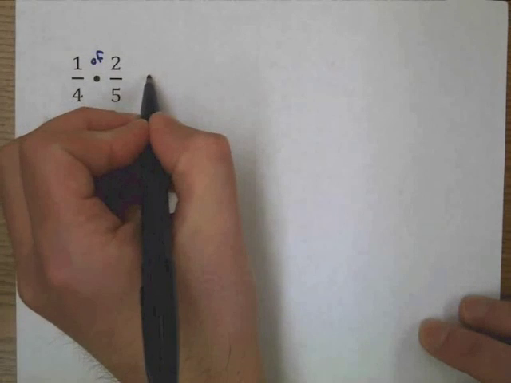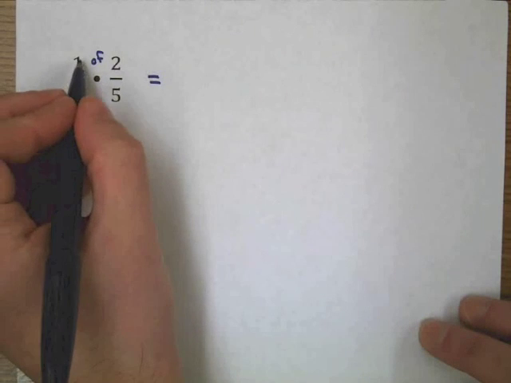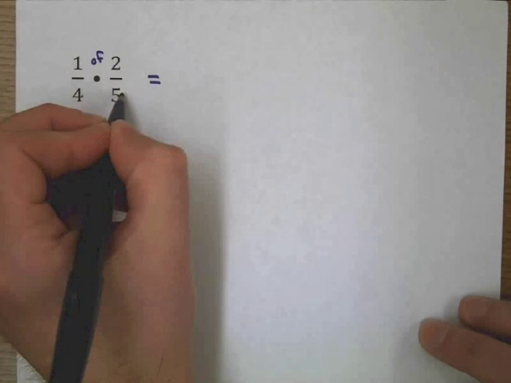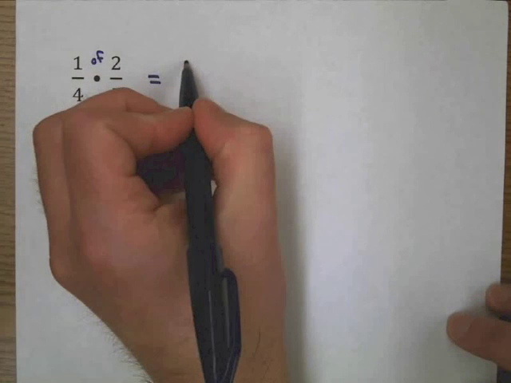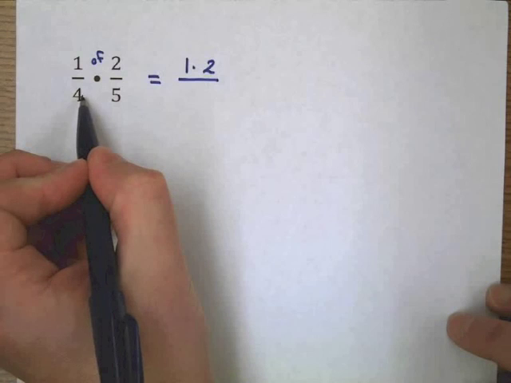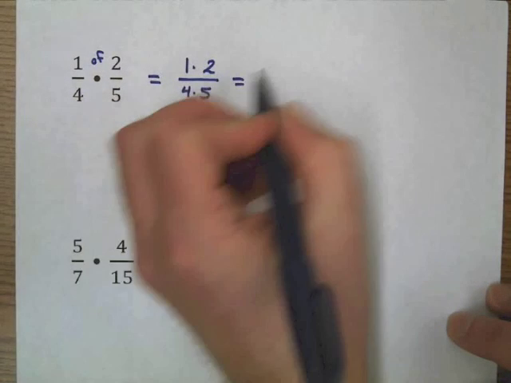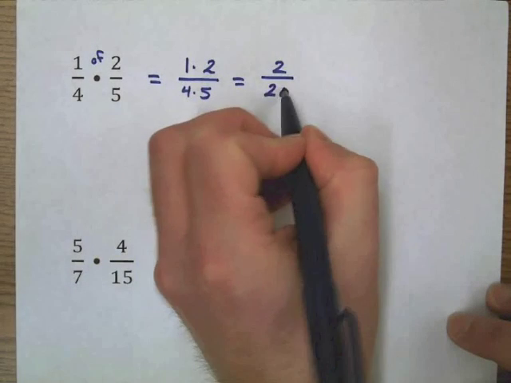So when I'm multiplying, just like when I was looking at whole numbers, and we could think of a whole number as the whole number over 1, and then we multiply our numerators and our denominators, we can do the same thing with any of those fractions. So here I can think of numerators 1 times 2, and then multiply my denominators 4 times 5, and 1 times 2 is 2, and 4 times 5 is 20.